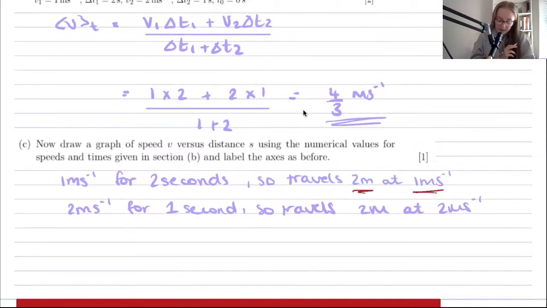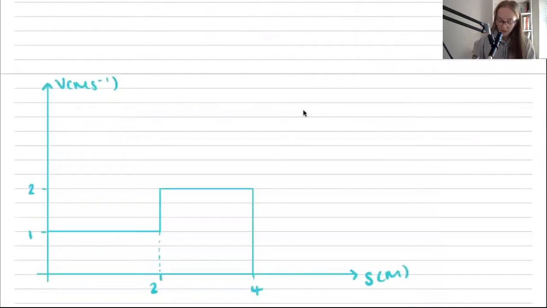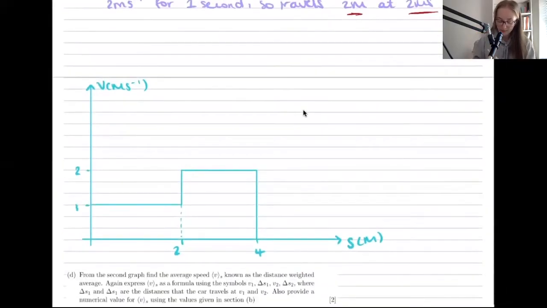And then later we're moving at 2 meters per second for 1 second. So that also means that we're traveling 2 meters, but this time at 2 meters per second. So if we plot this, we say, okay, we're traveling 2 meters at 1 meter per second, and then we're traveling a further 2 meters at 2 meters per second.